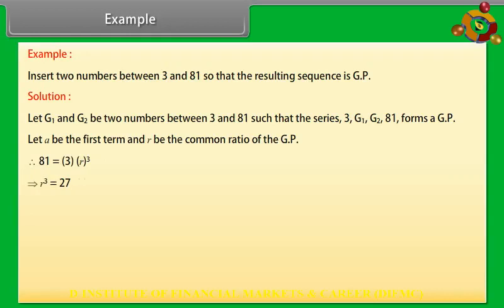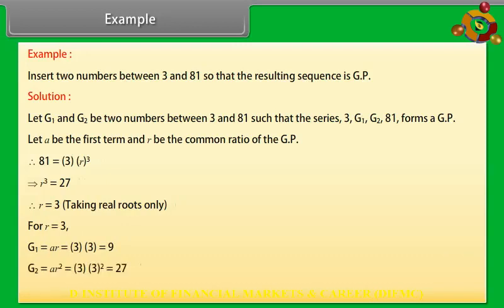It implies R cube is equal to 27. Therefore, R is equal to 3, taking real roots only. For R is equal to 3, G1 is equal to A into R is equal to 3 into 3, which is equal to 9. G2 is equal to A into R square is equal to 3 into 3 square is equal to 27. Thus, the required two numbers are 9 and 27.